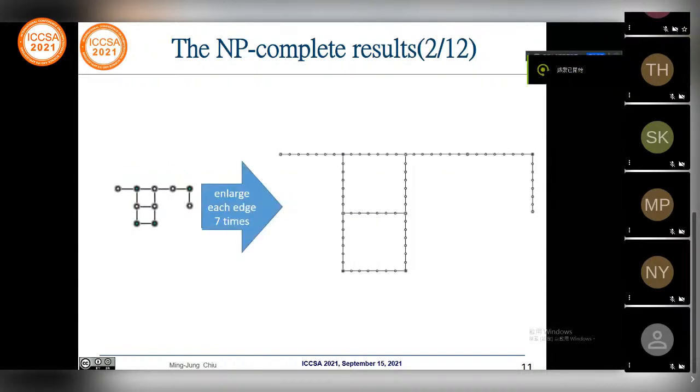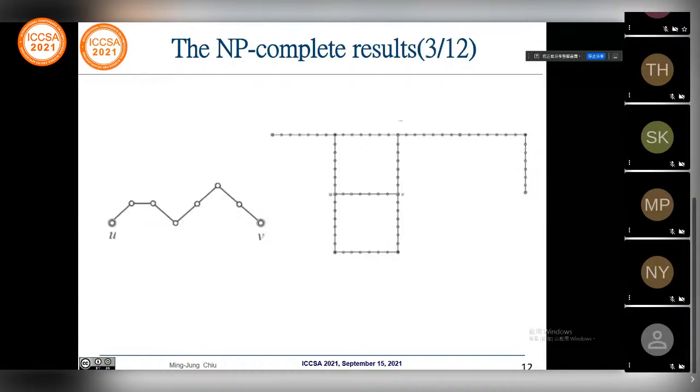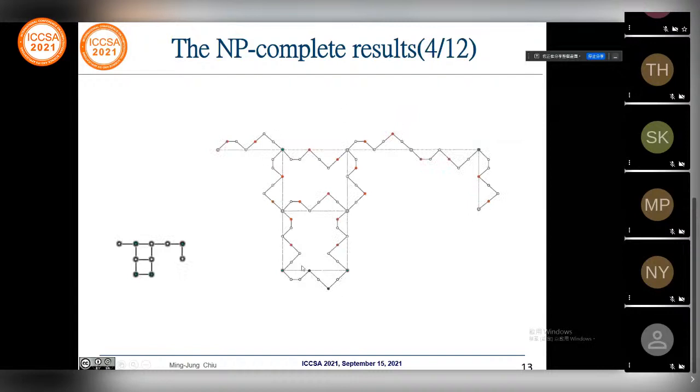Assume we have a grid graph. We enlarge each edge 7 times. Then we will get a bigger grid graph. Then we use snake paths from U to V to replace each edge of the grid graph. Then we will get a supergrid graph like this.